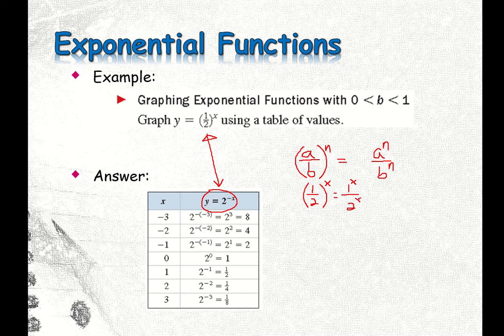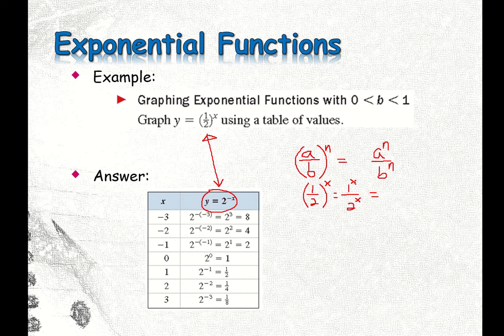So take note that 1 raised to any number is always equal to 1. So this becomes 1 over 2 to the x, where x here can be any number.